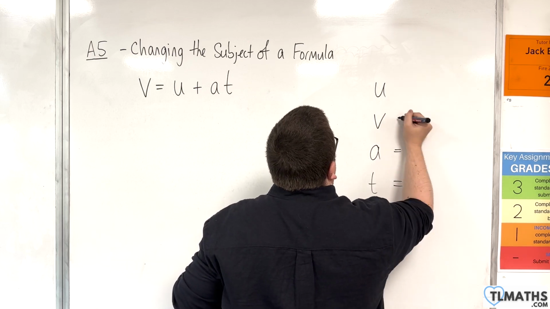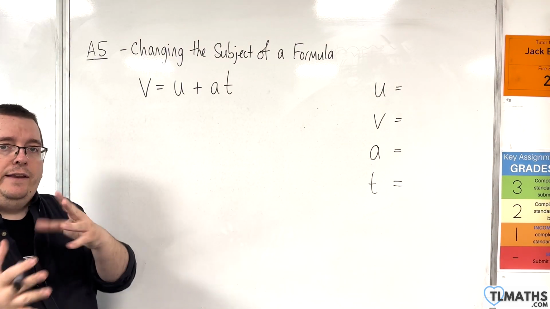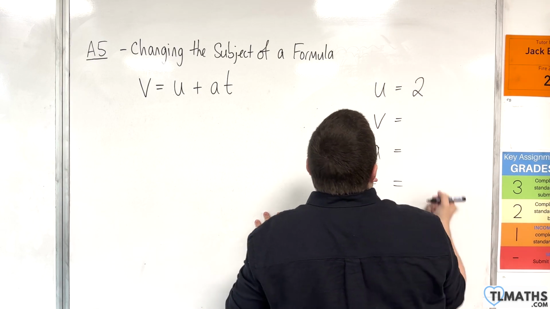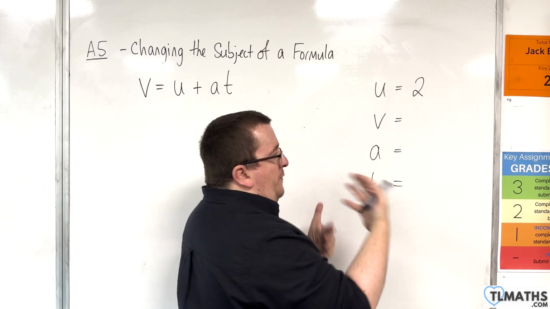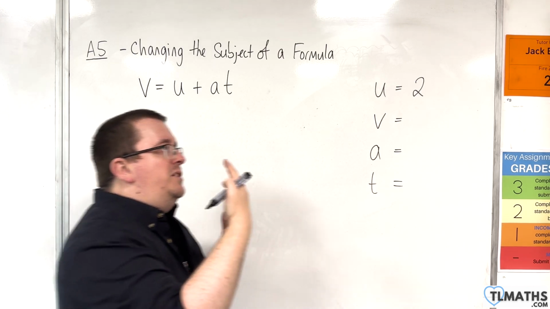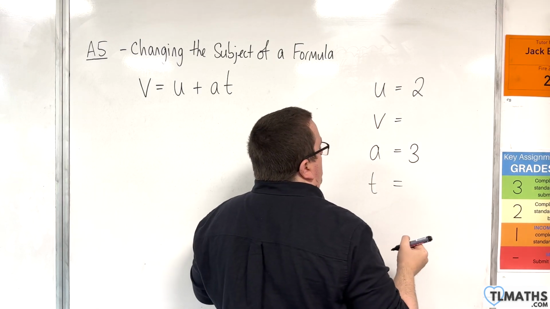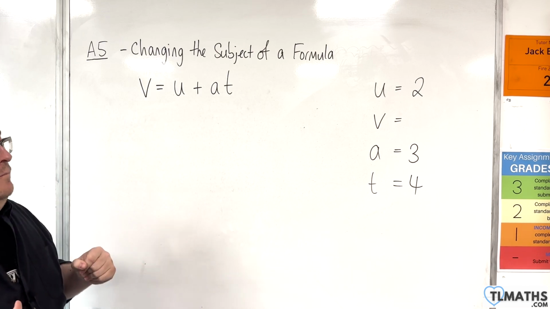Now imagine that you knew U, A and T. So let's say we knew that U was 2 meters per second. I'm not going to worry about writing down the units, but I'll refer to them as we go. Let's imagine that the acceleration is 3 meters per second squared and the length of time is 4 seconds.